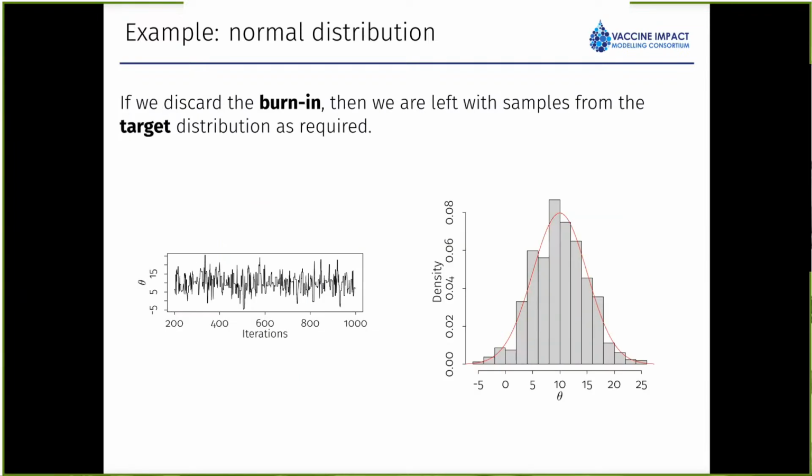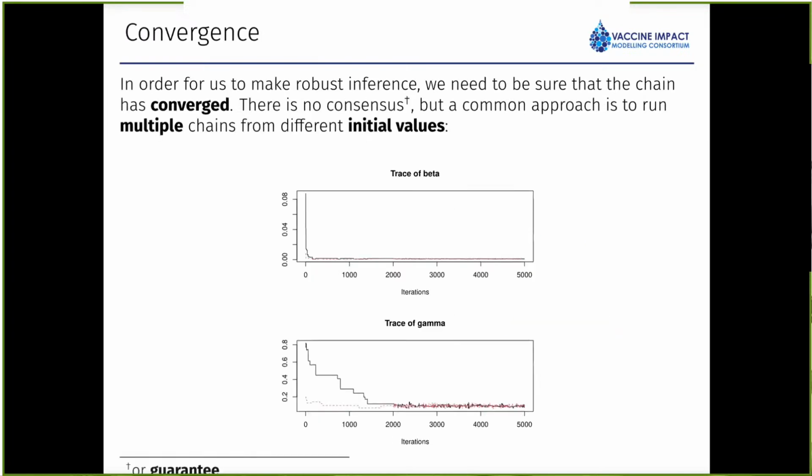So if we discard the burn-in here and I throw the first 100 iterations away, then I get my nice random samples. Okay? Everyone happy with that as an idea, at least? Yeah. So this is all we're going to do, is use this algorithm or variations of this algorithm to do this sampling. Okay? So then the question is, oh, sorry, hang on, before I get onto that.